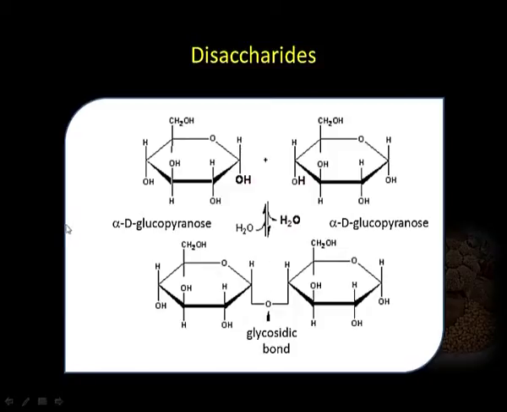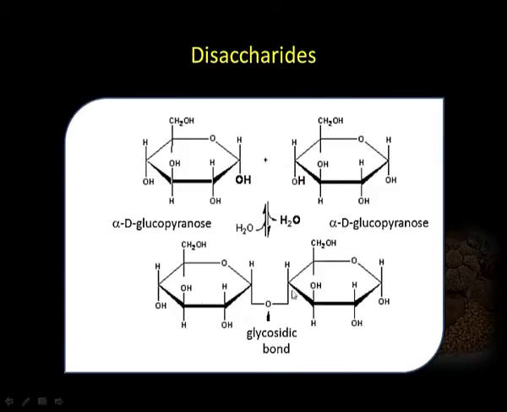Like this is a molecule of alpha D glucopyranose, this is another molecule of alpha D glucopyranose. This is the hydroxyl group at position 4. So this hydroxyl, if it acts like an alcohol, and this is the hydroxyl group at the anomeric carbon, they may react, eliminate a water molecule, and they are joined now by a glycosidic bond or glycosidic linkage.